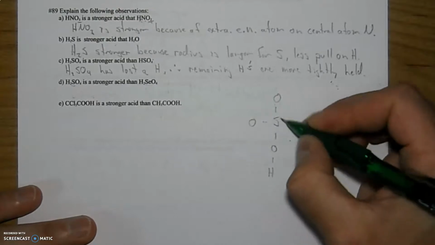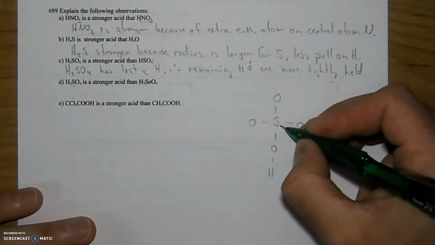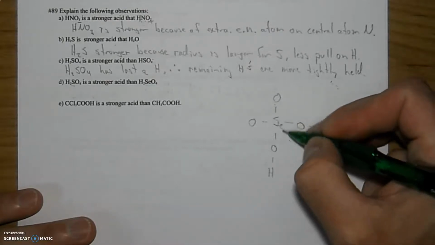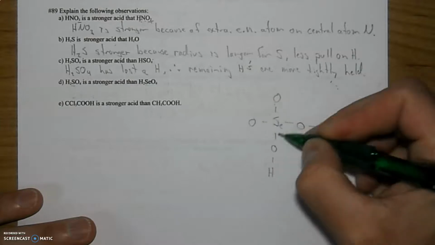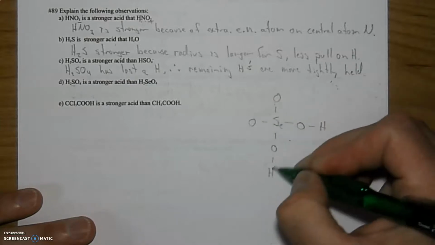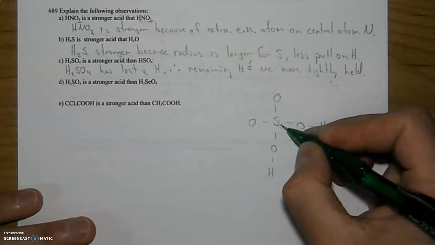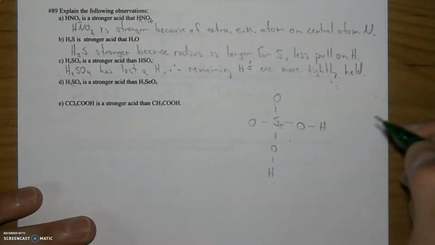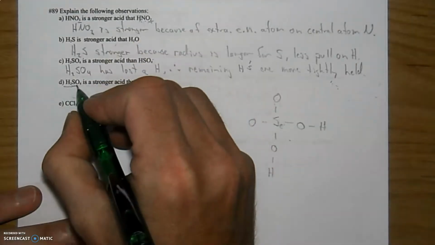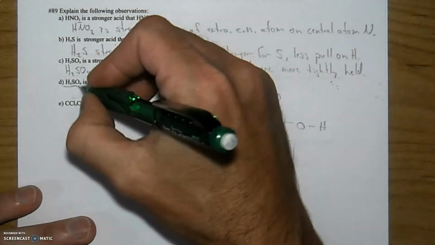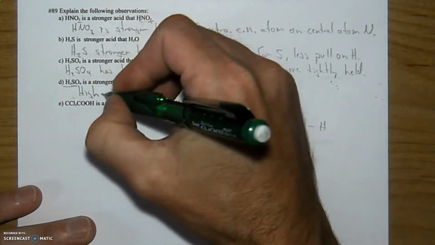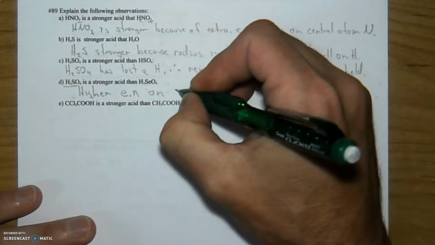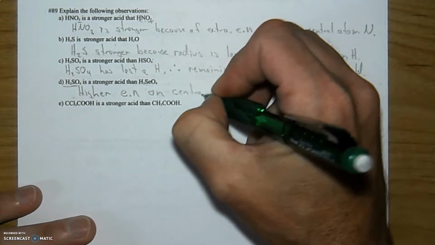So having a central atom, whether it's sulfur or selenium, the more electronegative the central atom, the more electron density it's going to pull to the center, and the more easily these can be released. So as the electronegativity increases in the central atom, the more easily these guys are going to be lost. So this is a stronger acid because of higher electronegativity on the central atom.